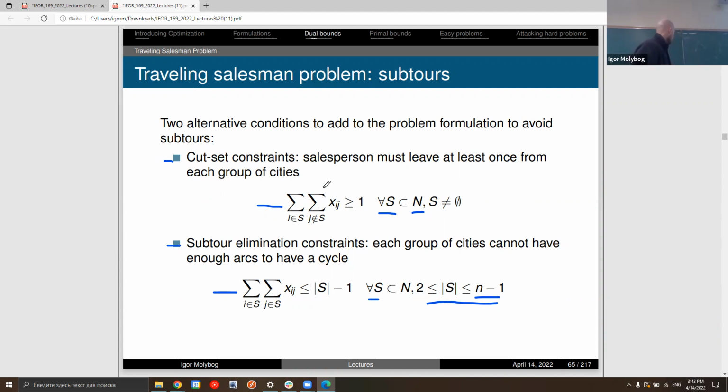So for example, here we would take this group of cities, and for this group of cities we would say, okay, a salesperson has to leave this group of cities. So let's add to our formulation a constraint that corresponds to S being the set of nodes 1, 2, 3, and that would make sure that we never again see this solution as our optimal solution to the problem, because it becomes infeasible for our LP problem.